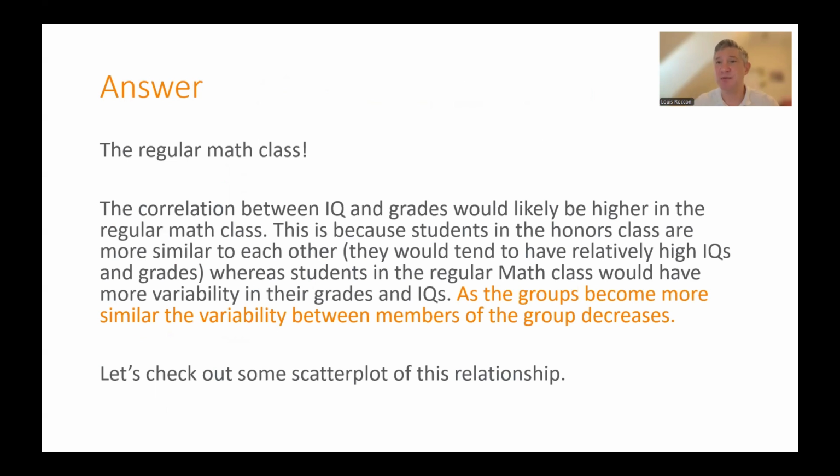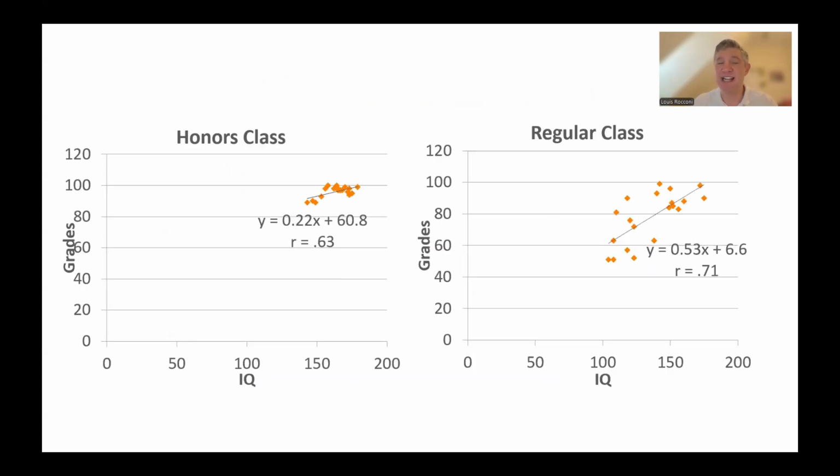Here's an example I made to demonstrate this. I just made up a scatter plot here. The honors class, they all have really extremely high IQs, actually, 150 to 200 in that range. But they all have really high IQs and they all have really high grades, right?